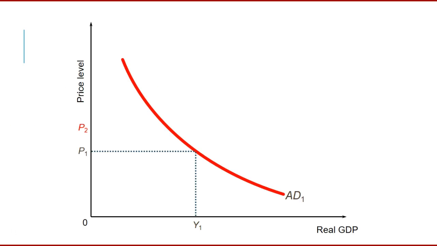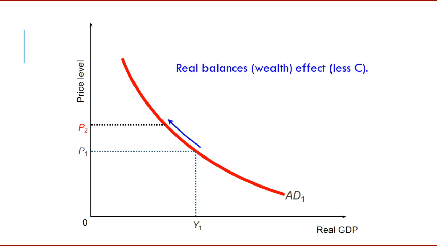What we're talking about here is what happens if the general level of prices were to rise, assuming all other things remain equal. Then we would have a movement along the aggregate demand curve, causing real GDP to fall.